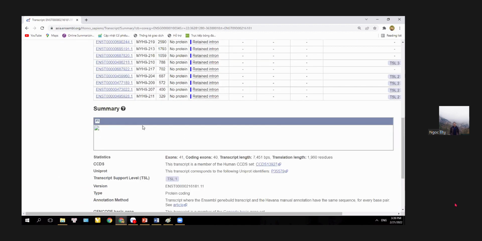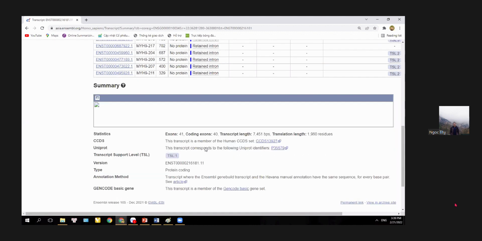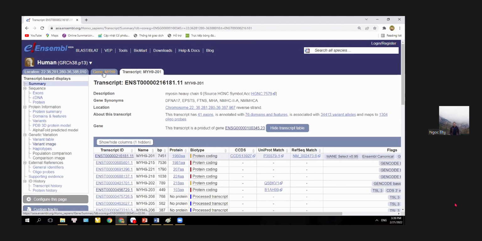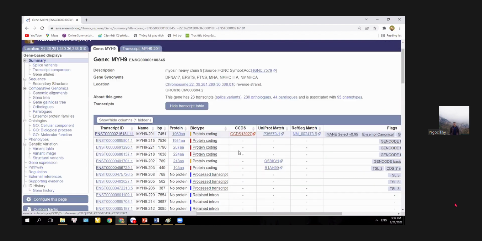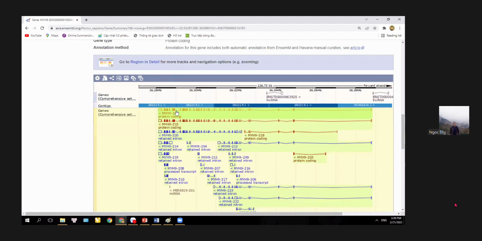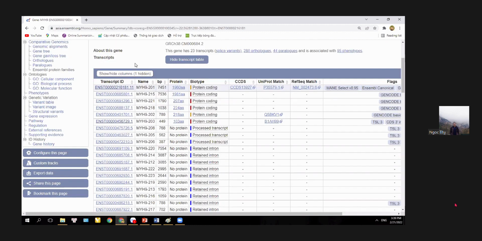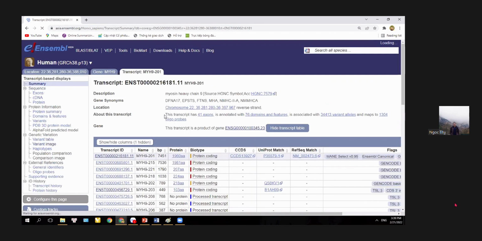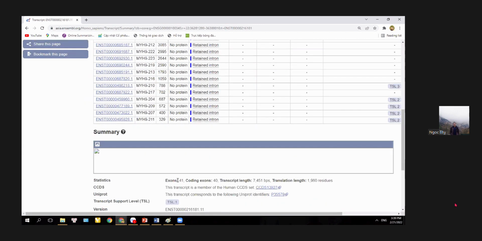Oh, it doesn't provide a picture here. Maybe YouTube. Okay, so the MYH9 201 includes, as I remember, 41 exons. Yeah, 41 exons, but among those, only 40 are coding exons.